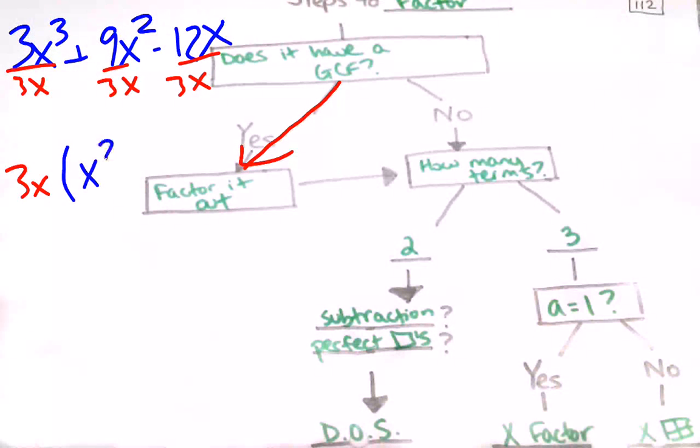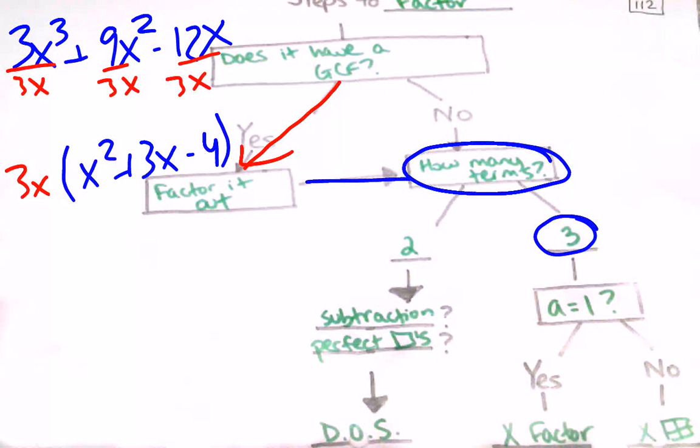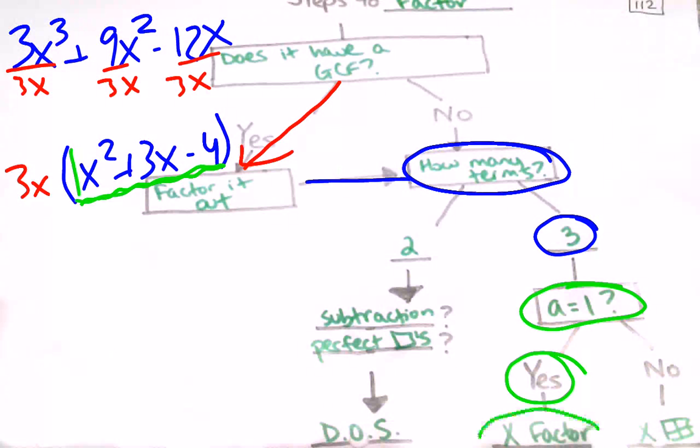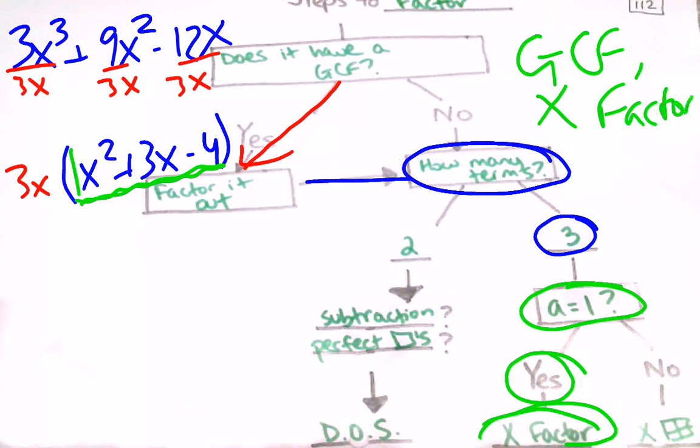So that would be x squared plus 3x minus 4. So now how many terms do I have? 3. When I look inside my parentheses, is A 1? Yes. So I would try doing the x factor. So this is one where I would try doing a GCF and x factor.